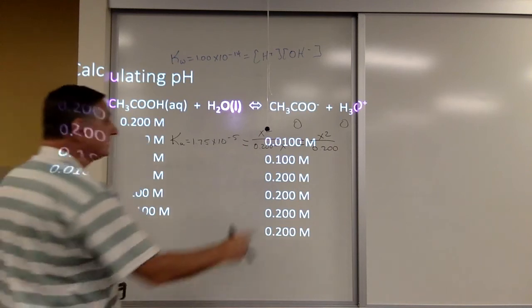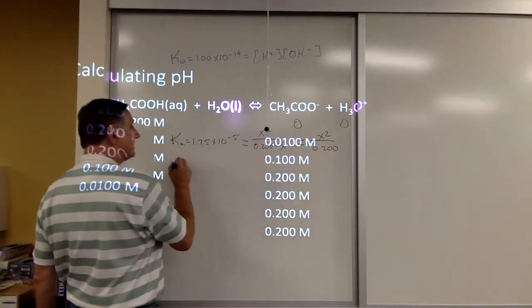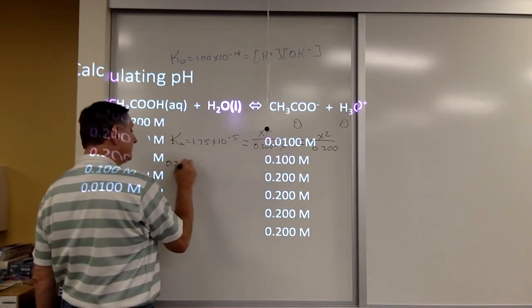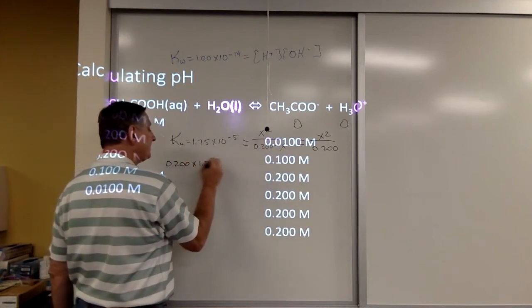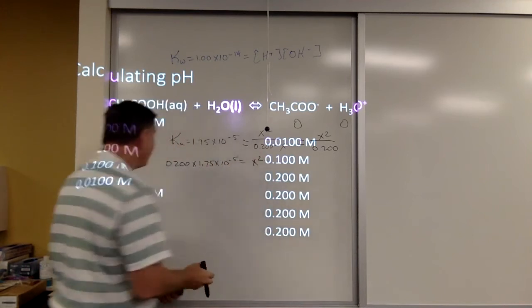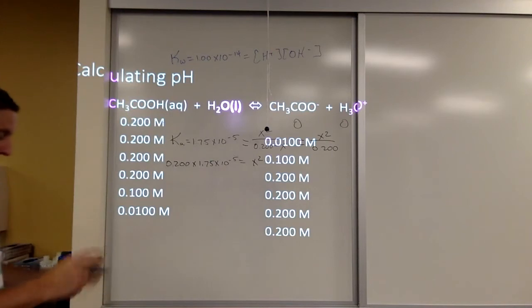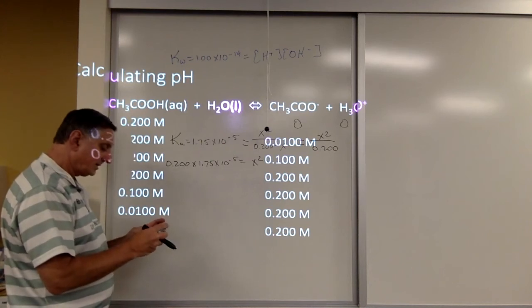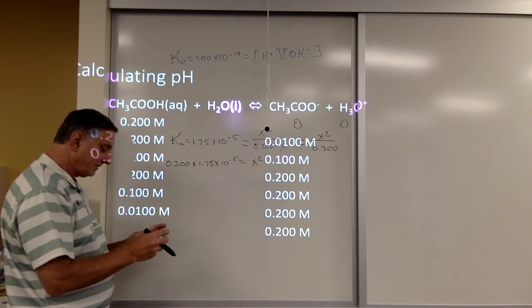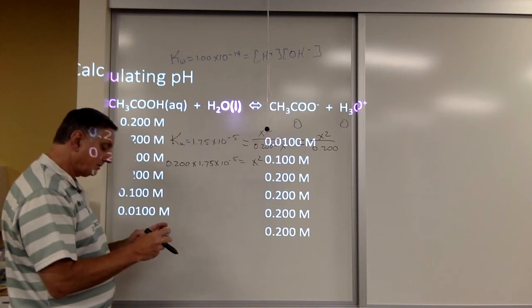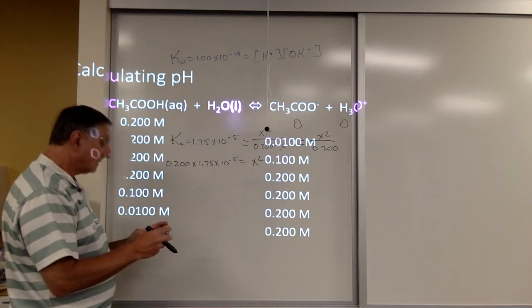Let's solve for x. 0.2 times 1.75 times 10 to the minus 5th is equal to x squared. Let's see, 1.75, enter, times 0.2, and then square root.